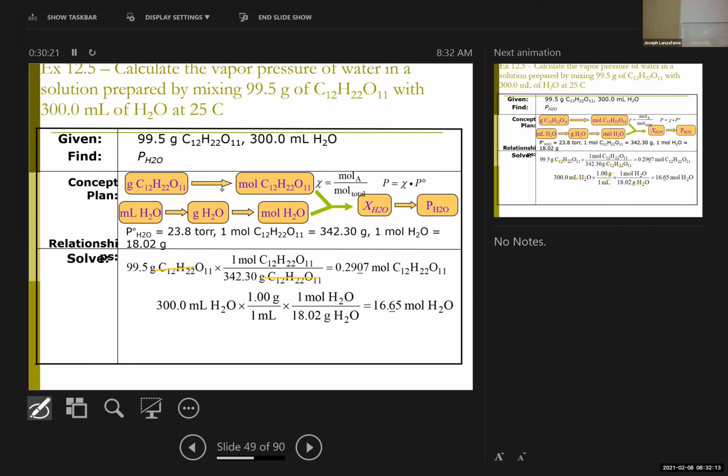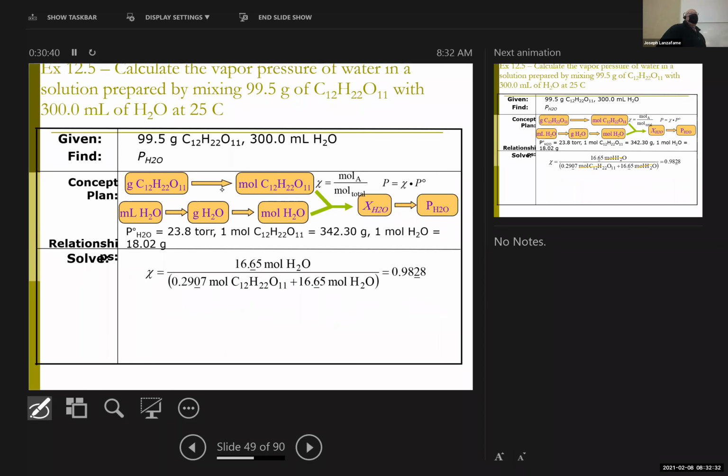All right. And so I have mostly water, which has to be the case, right? Because by definition, it's only a solvent if there's more of it. And so the mole fraction, again, I want the mole fraction of the solvent. So it's moles of water over total moles of everything, right?